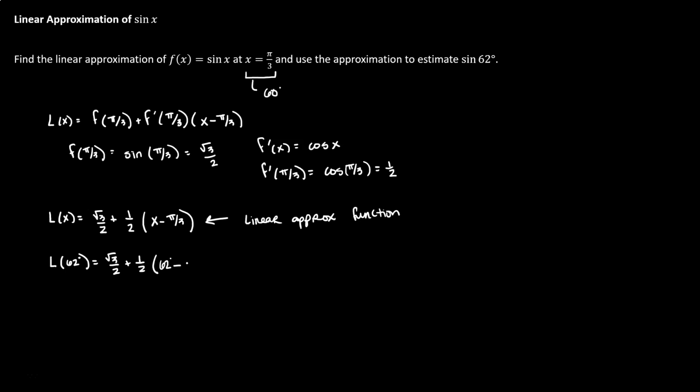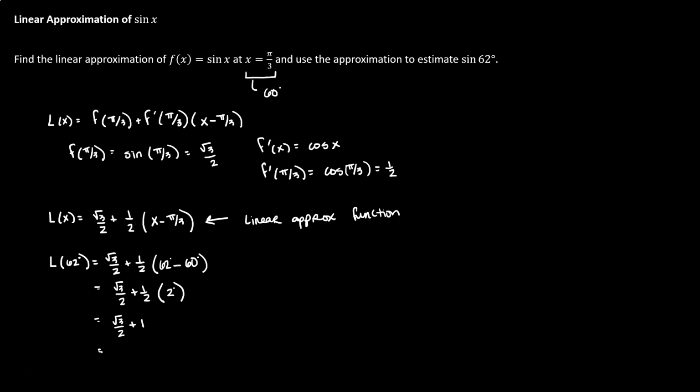So 62 degrees minus the degree equivalent of pi over 3, which is 60 degrees. And we're going to clean this up and calculate. So we've got root 3 over 2 plus 1/2 times 2 degrees, which would just come out to be 1.